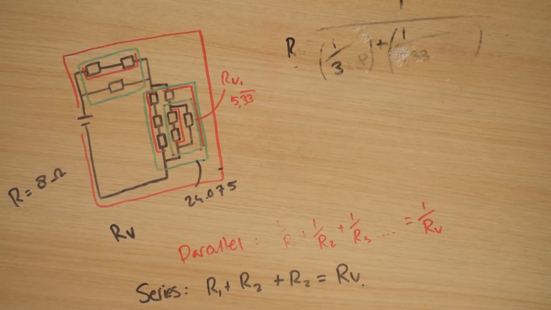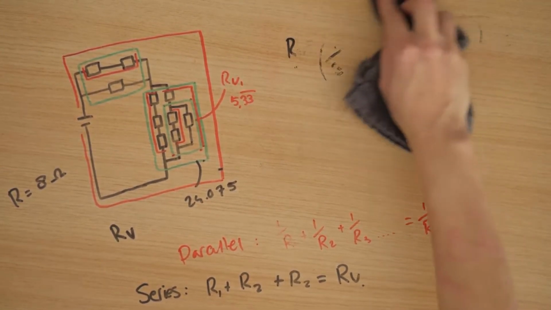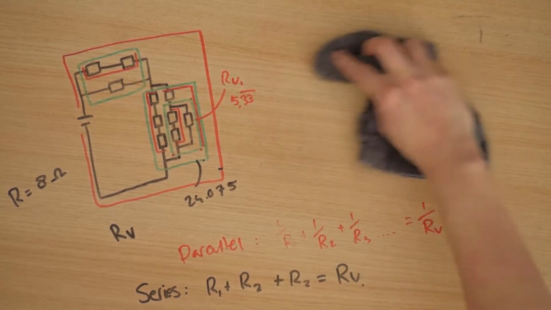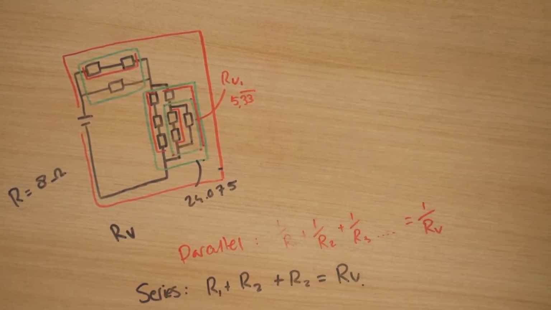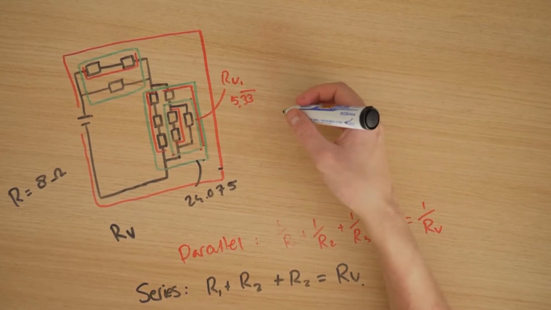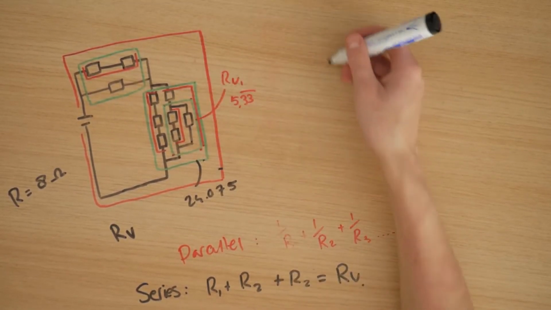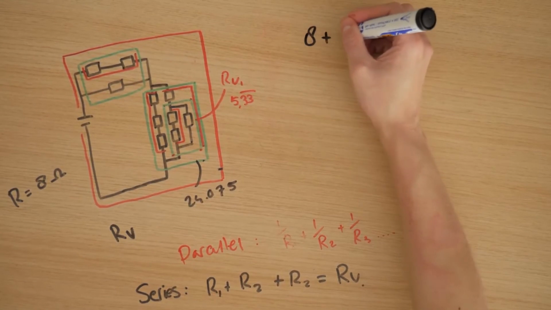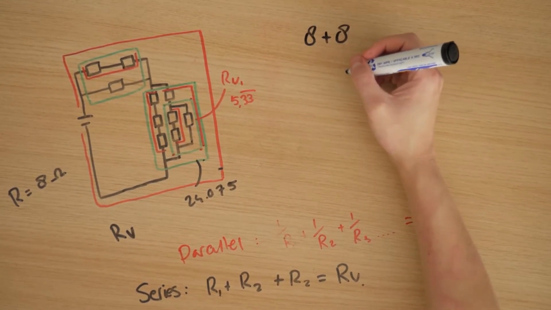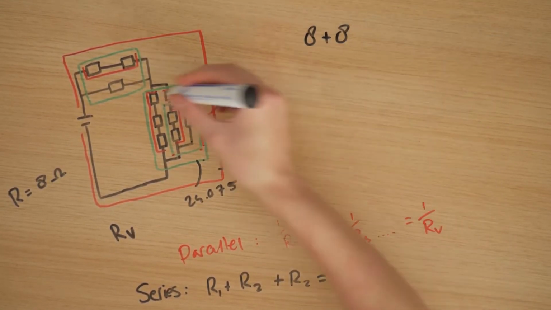You can, of course, do this with smaller steps. I just want to show you what it looks like if you use a little bit of a bigger step. Still have to do that part, which is 8 plus 8 and another 8.